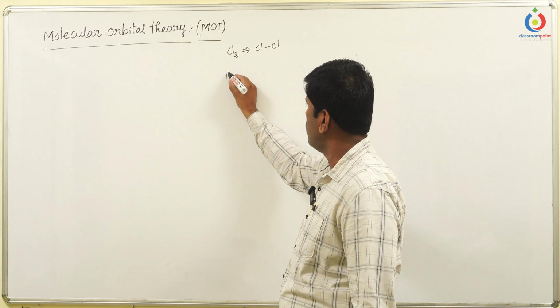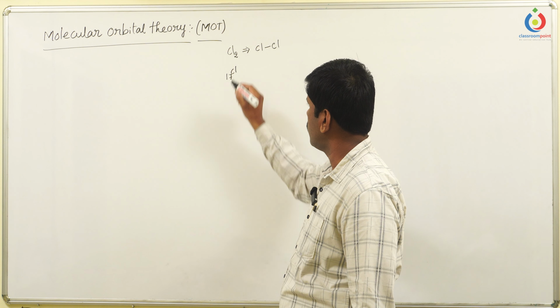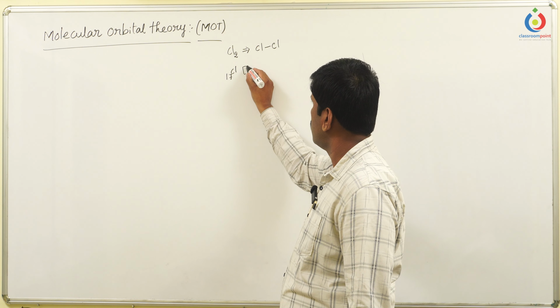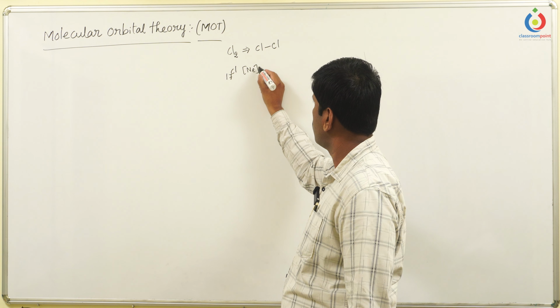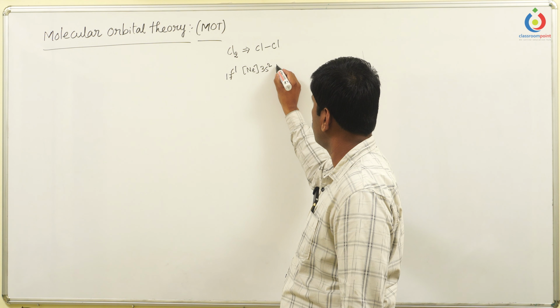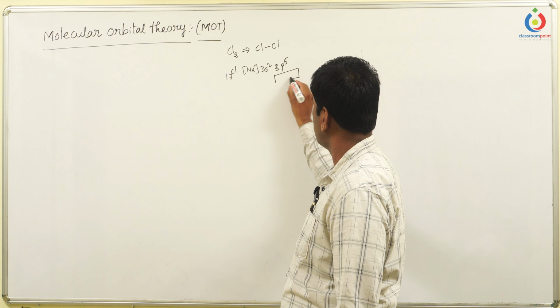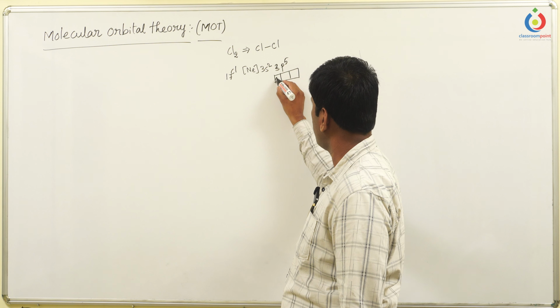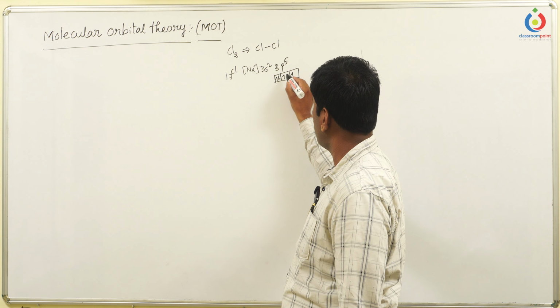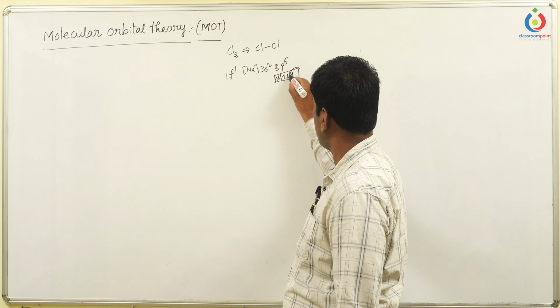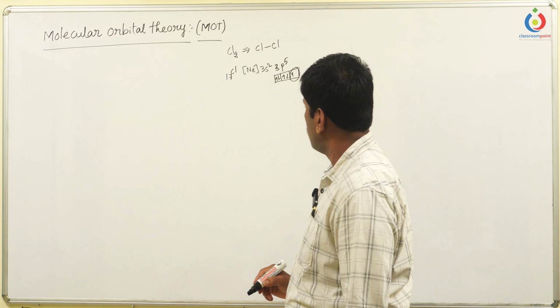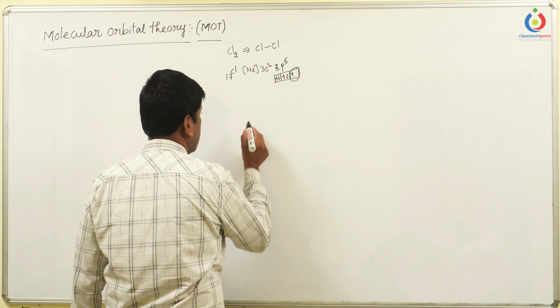So let us see the electronic configuration of the chlorine also. Neon 3s2 3p5. So the valence electron from one of the 3p orbitals participates in the overlapping like this.